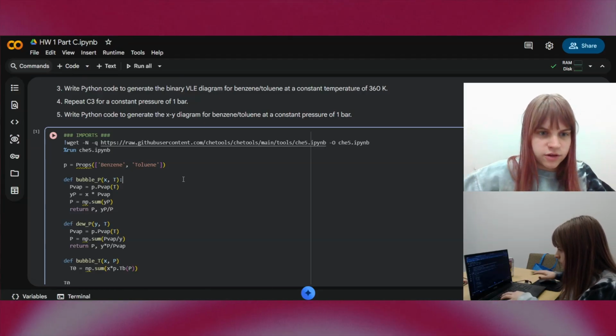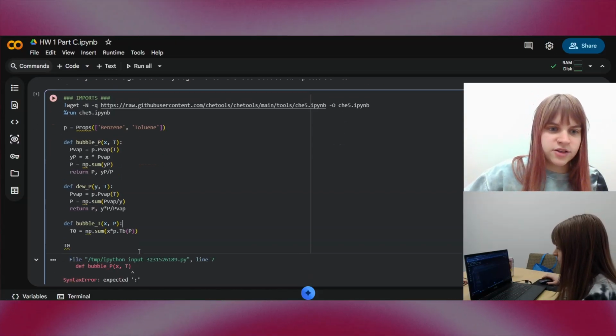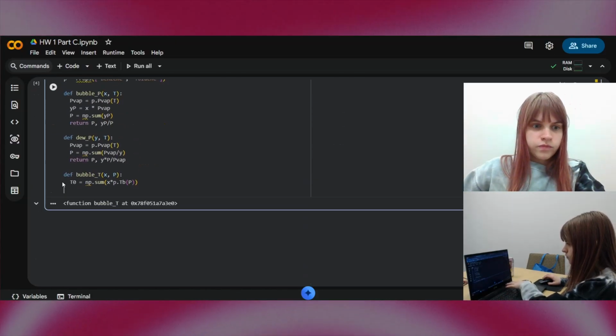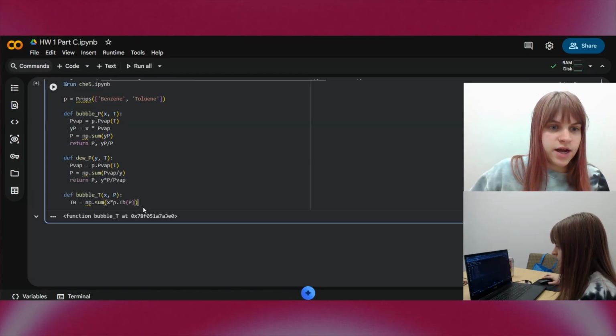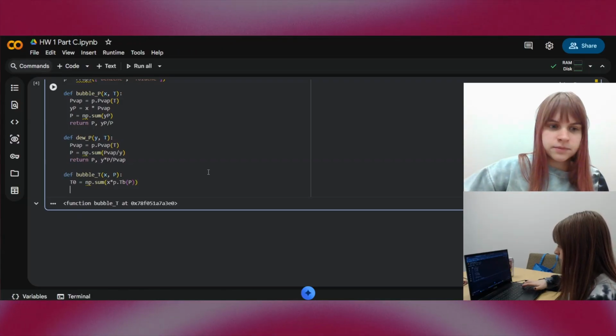Yeah, I think I just did not put any of those colons there, so let me add those. Okay, I didn't run into any errors, so I think we're good to move on.